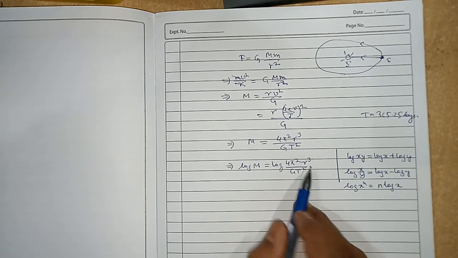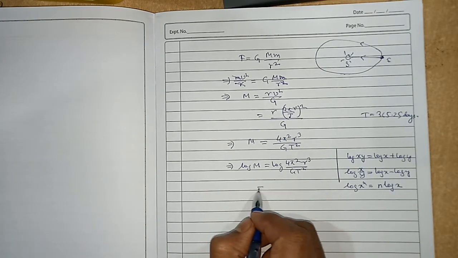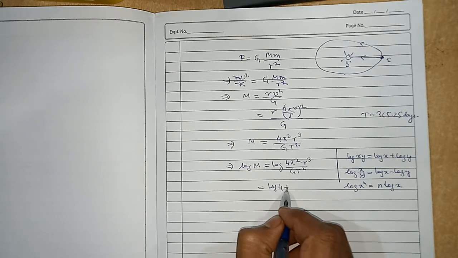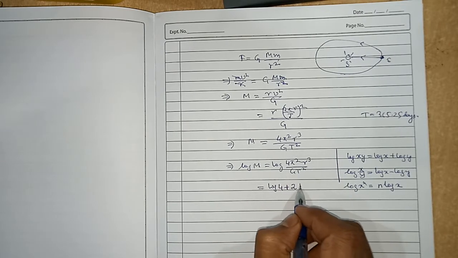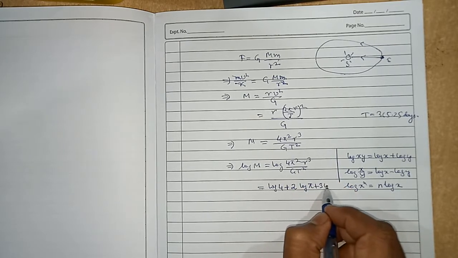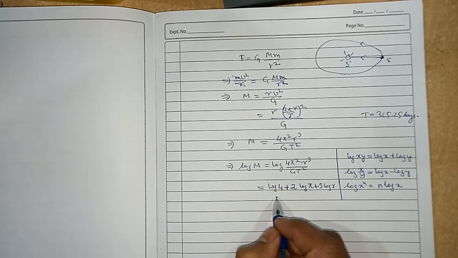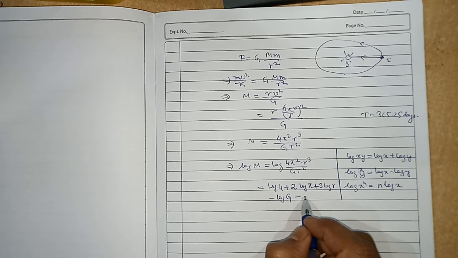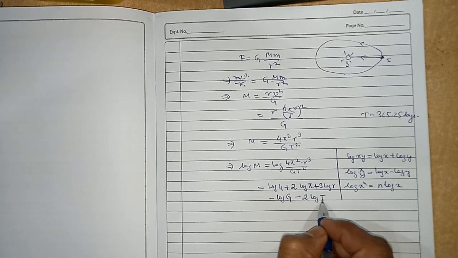So let us apply here one by one. This is multiplied here, so log 4 comes here. This power comes here. This division comes with a minus sign, log G. This power comes here to log T, like this.